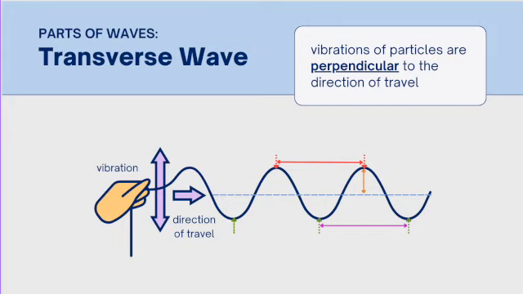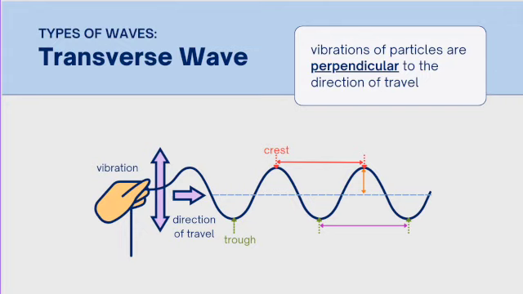So, on your guided worksheets, we're going to label the parts of a wave. So you see these little green arrows, that's pointing to the lowest part, which is called a trough. Good job. Now the red is pointing to the highest part of the wave, which is called a crest. Great job.